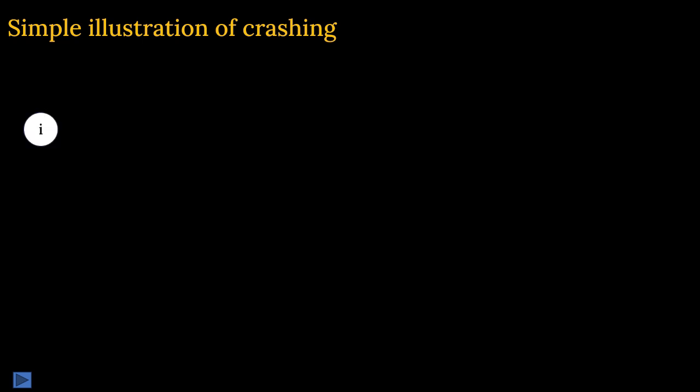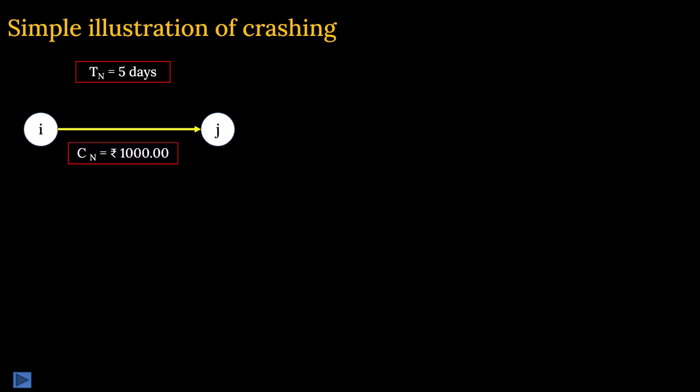Let us take up one example. You can see that here we are having one activity which is starting from the ith node, completing on the jth node, and normal time is 5 days. To complete that activity, you have normal time, that is 5 days, and the normal cost is 1000 rupees.